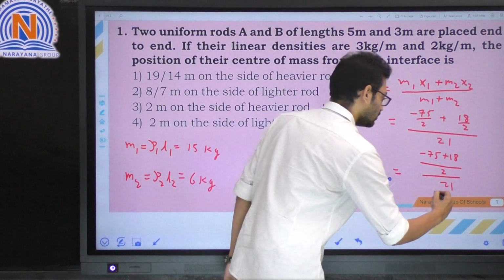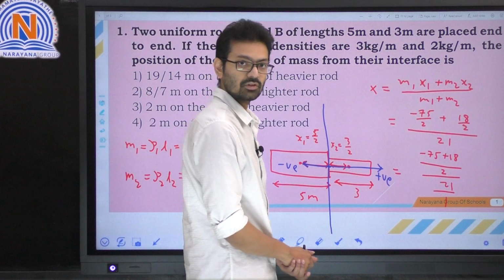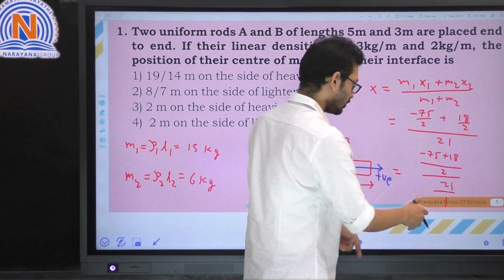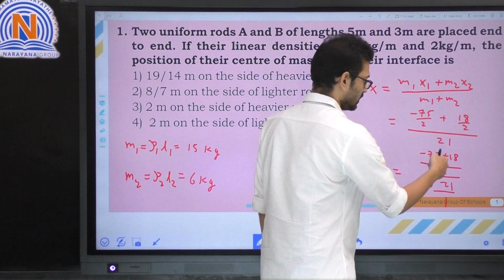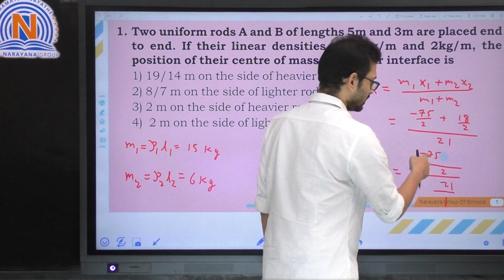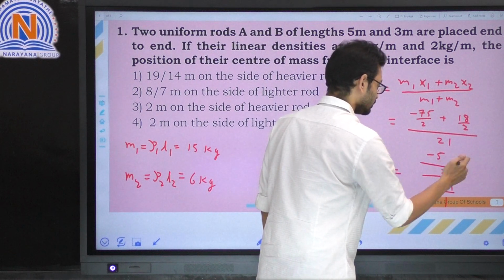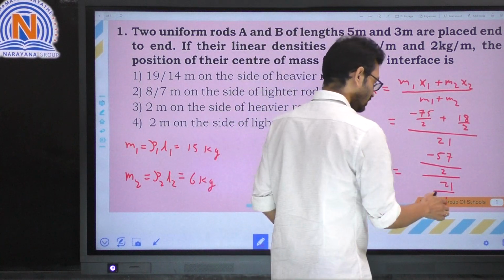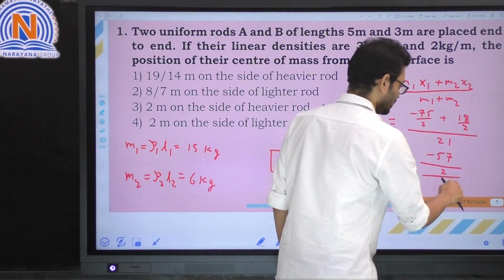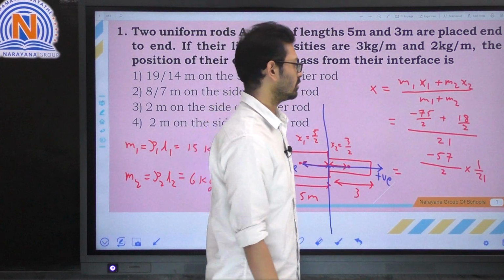So you write it down as over 1, and from here you just take the reciprocal. Here you will get minus 57, and you reciprocal it, you will get into 1 by 21.